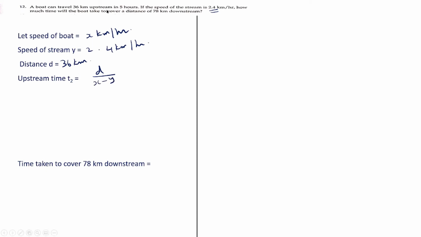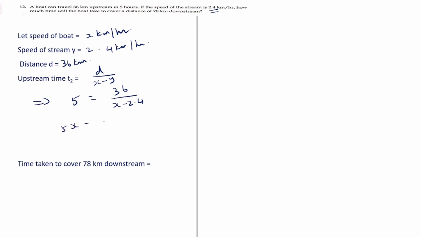And it is given it takes 5 hours to travel 36 km upstream. So from this we get 5 is equal to 36 upon x minus 2.4.